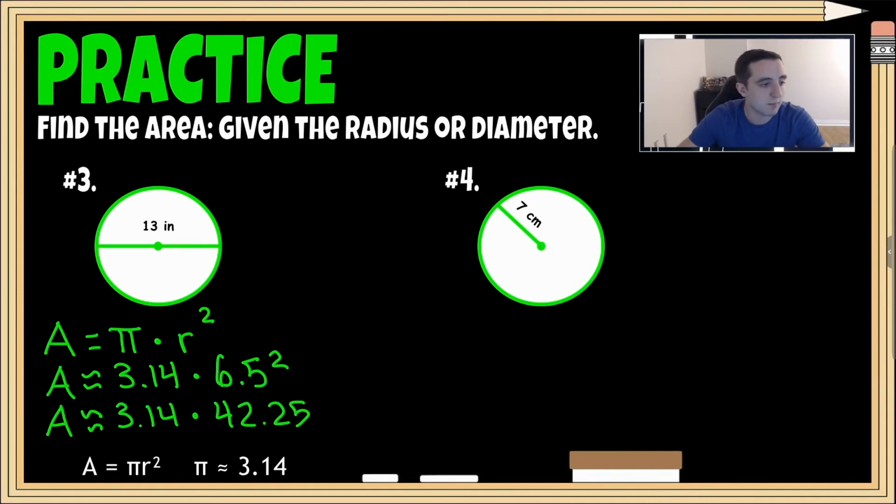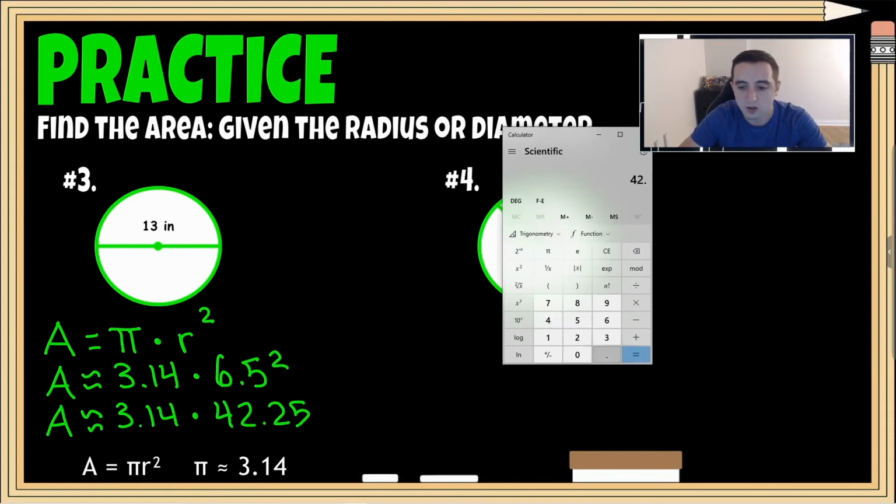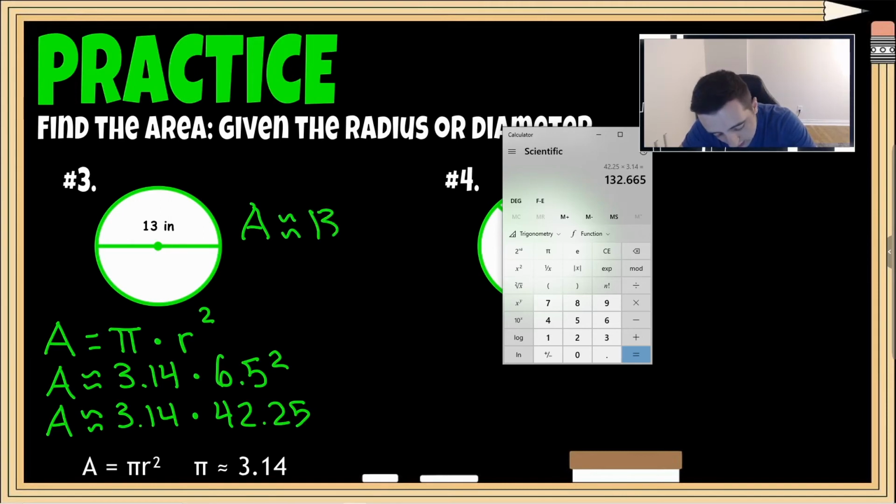Now, if we multiply those values together, 42 and 25 hundredths times 3.14, and we round that to the nearest hundredth, we have area is approximately 132 and 67 hundredths. And since we're dealing with inches, this will end up being square inches for number 3.